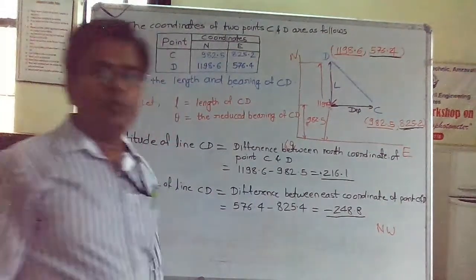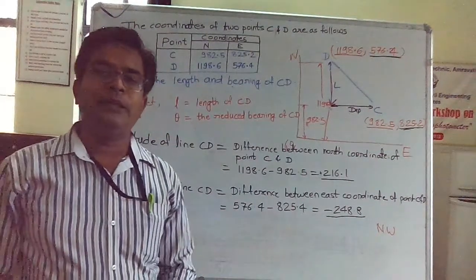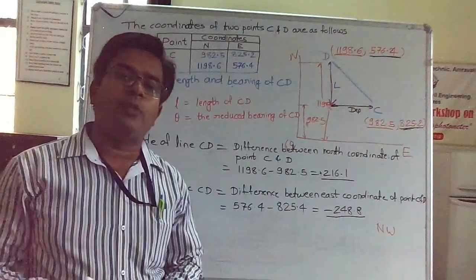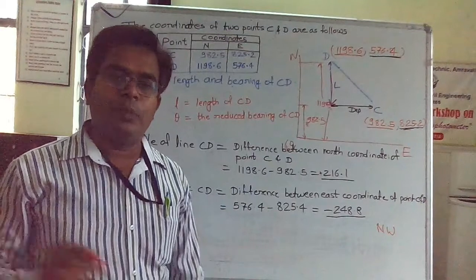Now we have to find the bearing of line CD. In the previous problem also we found the bearing. The formula is tan theta is equal to departure upon latitude.